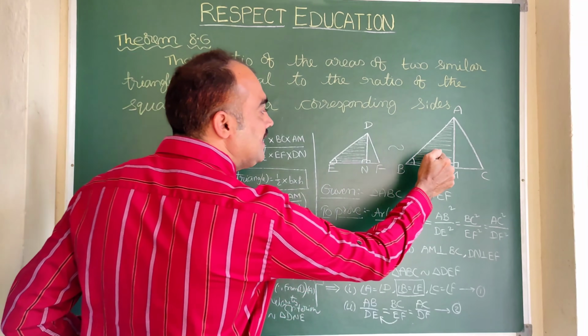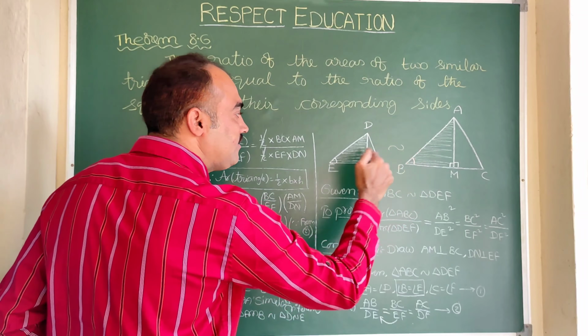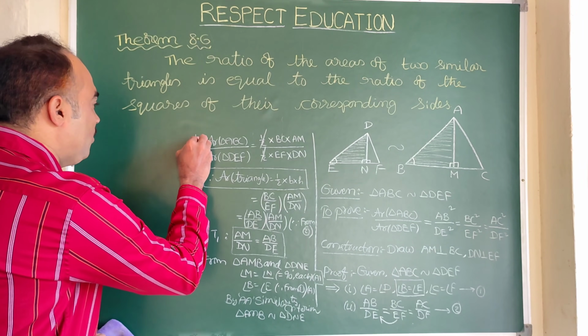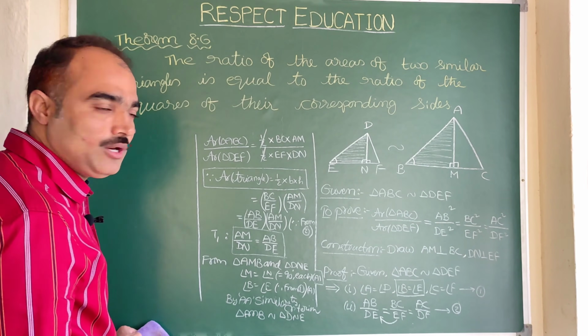So this shaded triangle is similar to this shaded triangle. Now, since both the triangles are similar, their corresponding sides are proportional.